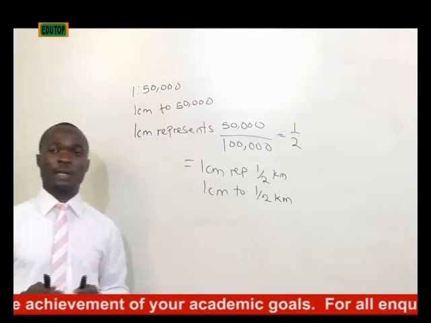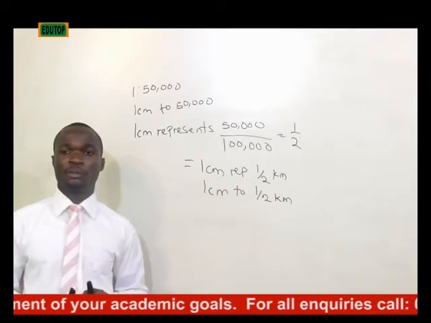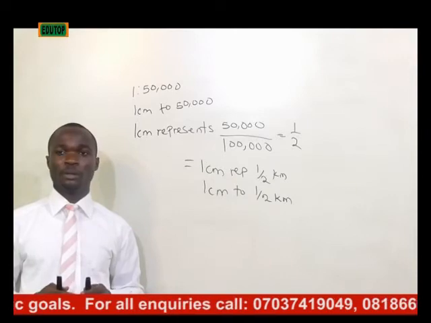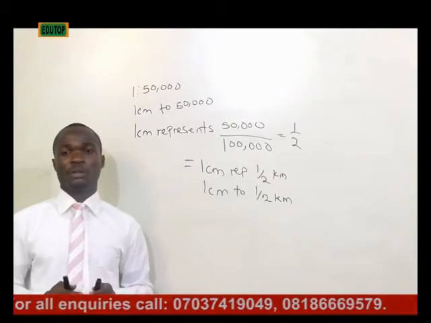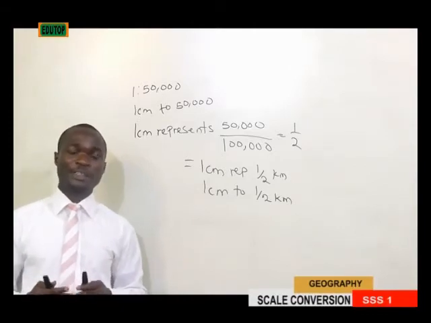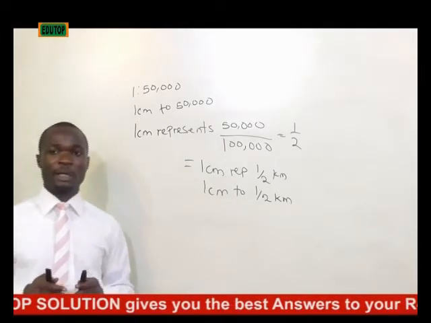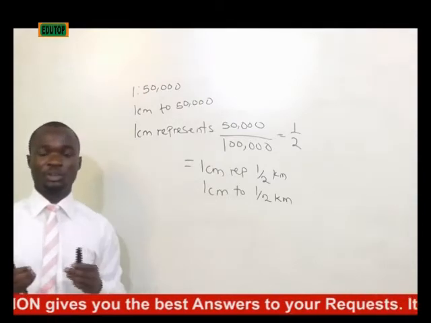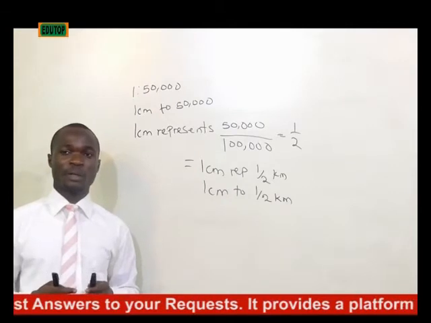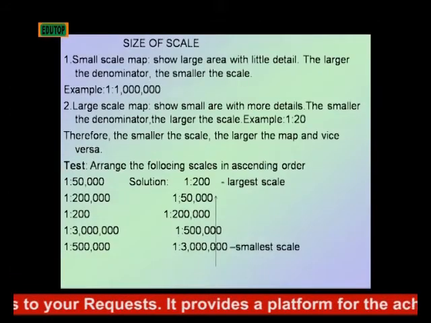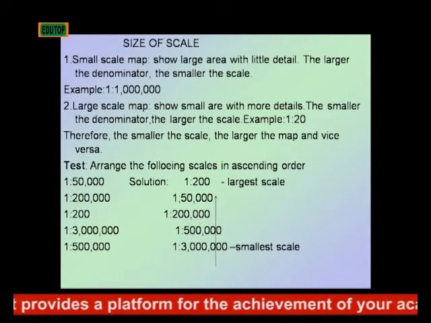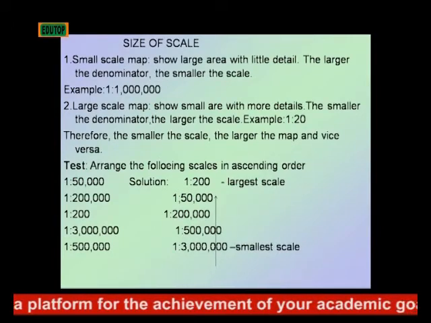Okay, now let's look at the size of scales. Scales could be small, could be large, but we must be careful so that we don't get confused by the values. Now, for a small scale map, such a scale shows a large area with little detail.